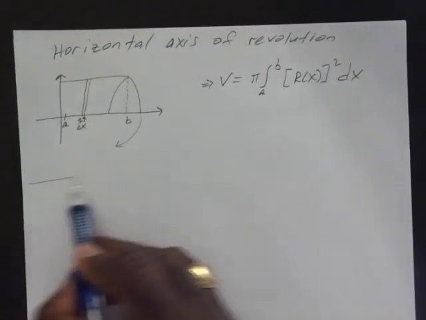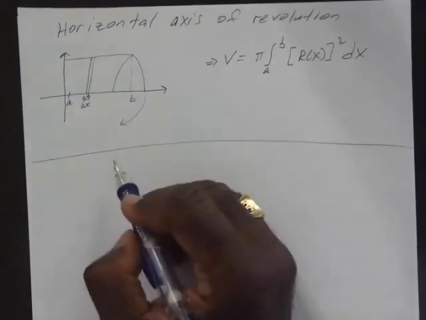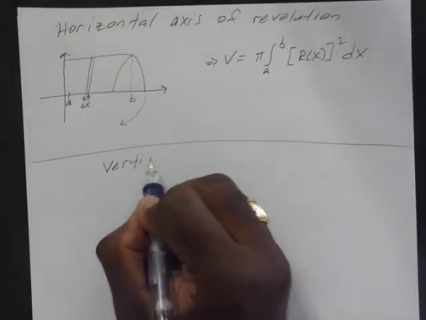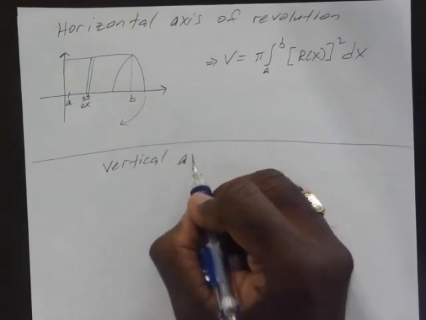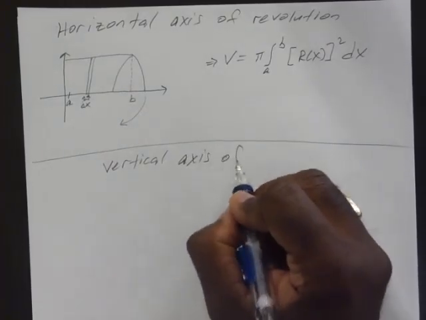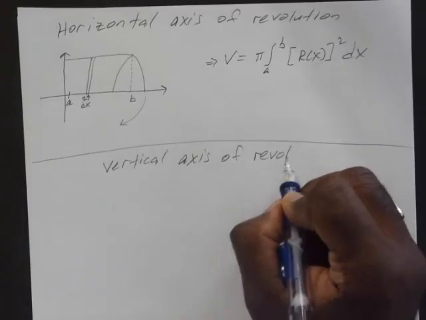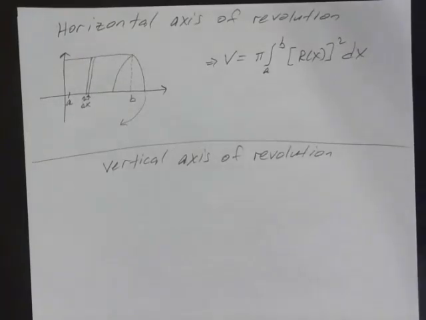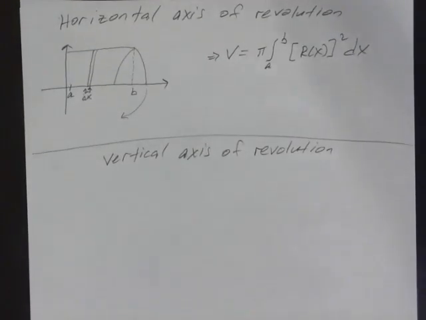But if you have a vertical axis of revolution, it's pretty much an identical formula. The only difference is with respect to y.